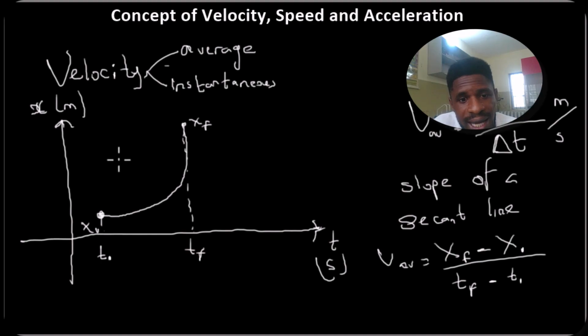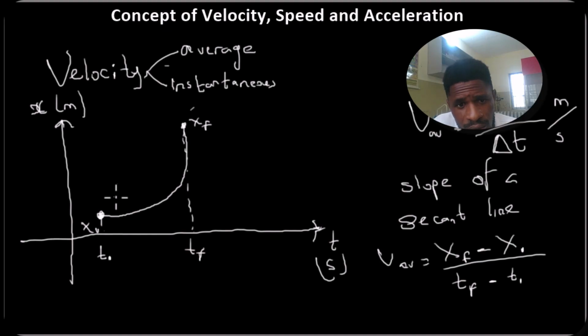Now, if I were to find the average velocity between these two points, what do I simply need to do? If this were a graph, of course, most of our graphs will be linear, especially when we're interpreting our xt graph or our vt graph. So we always come across linear graphs.